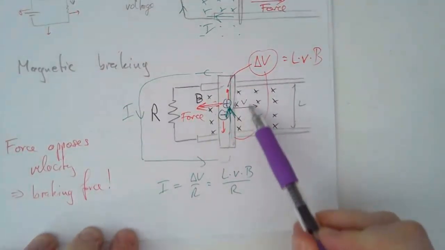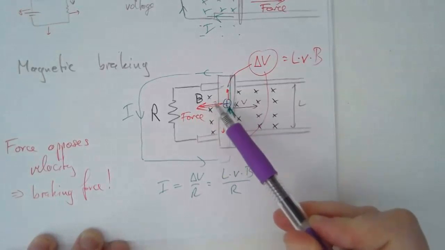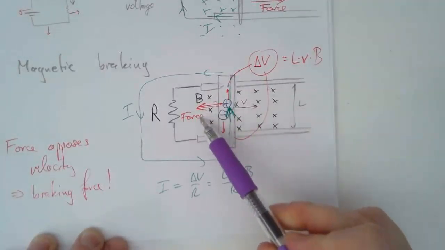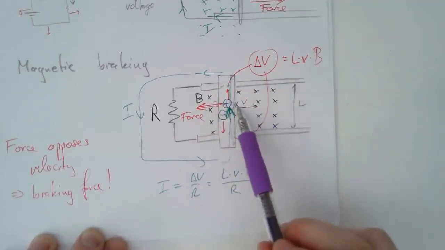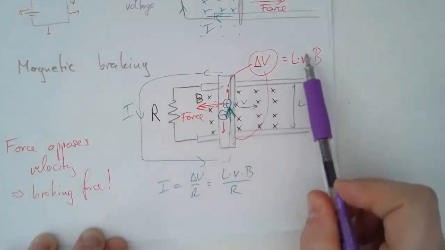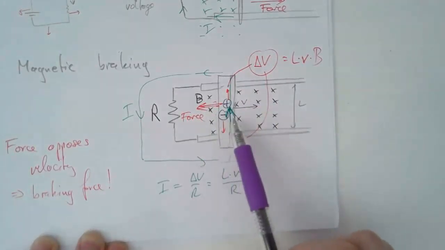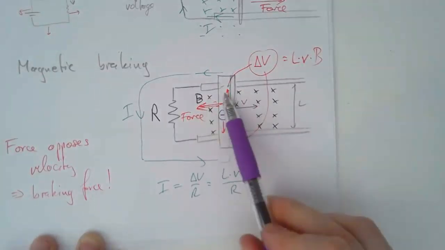Now, because the velocity changes, like it slows down because of the braking force, that means the rate at which it slows down is going to get smaller. So the slower it is, the less the force, because it's proportional to V. It's a little bit like air drag, where the faster you go, the bigger the force that's braking you, and as you slow down, the force becomes weaker. Same thing here.